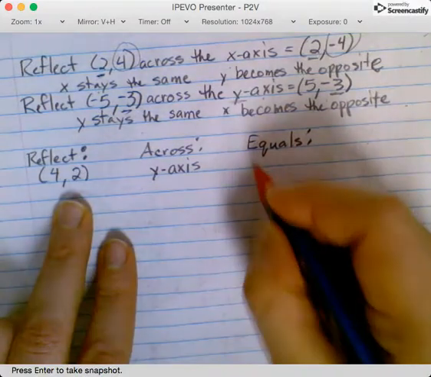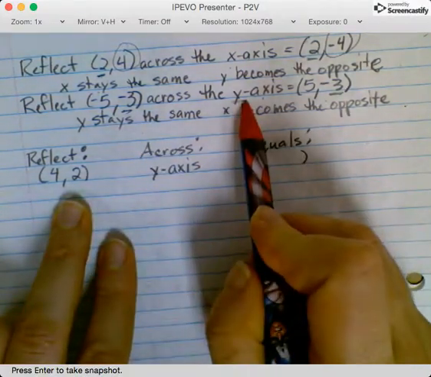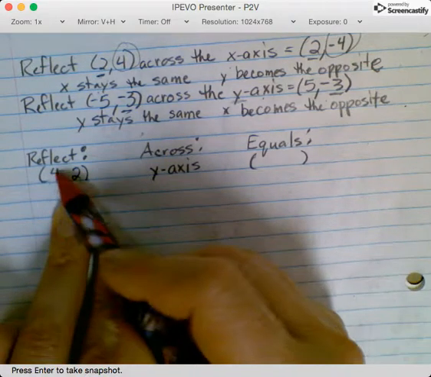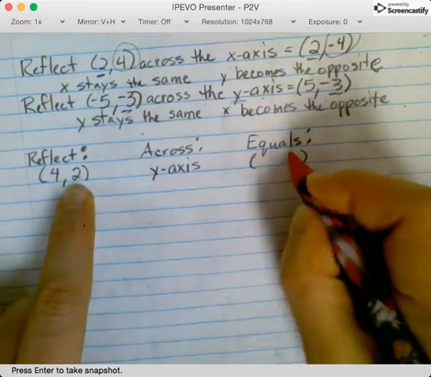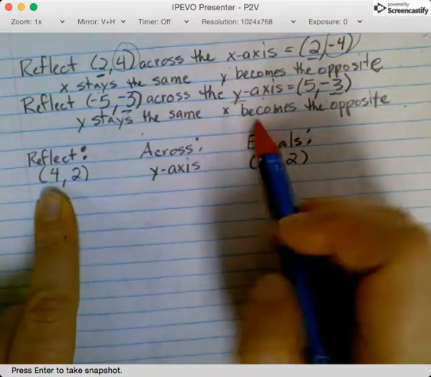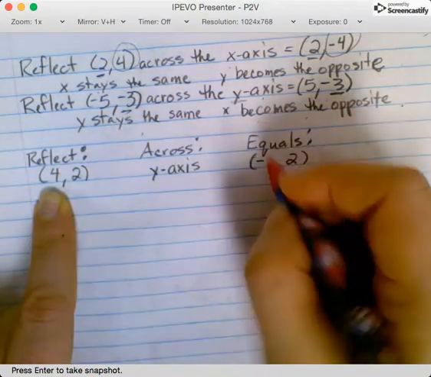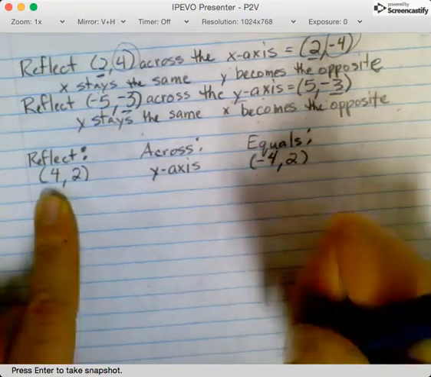Okay, so if I'm going across the y-axis, y stays the same. X, y, so my 2 is staying the same. I can go ahead and rewrite that. Then I look, my x, it says becomes the opposite. So all I have to do, this is +4, it just becomes a -4.